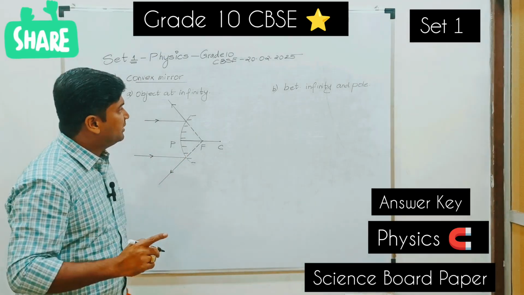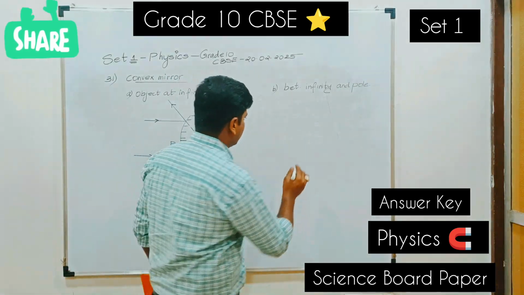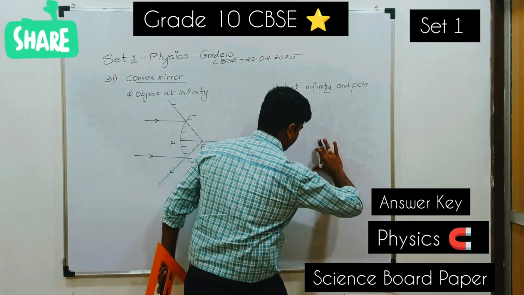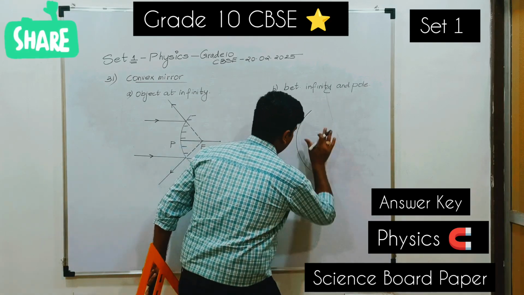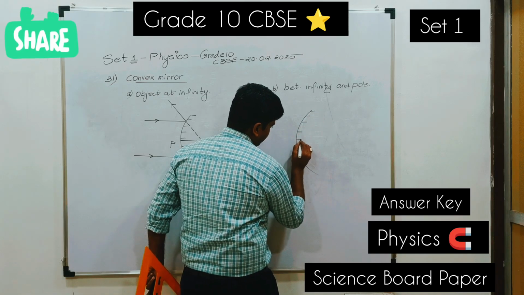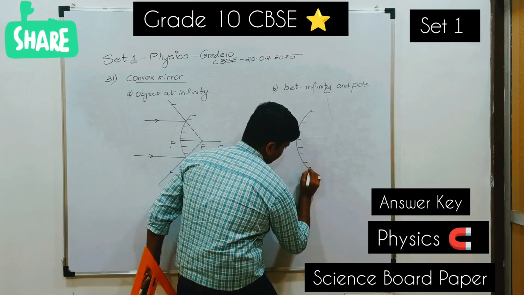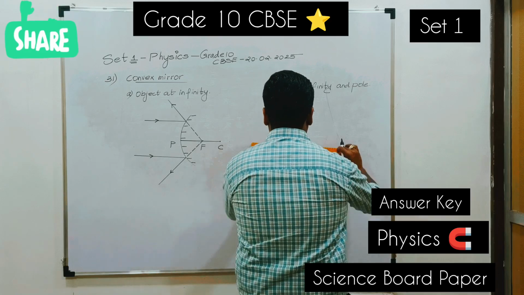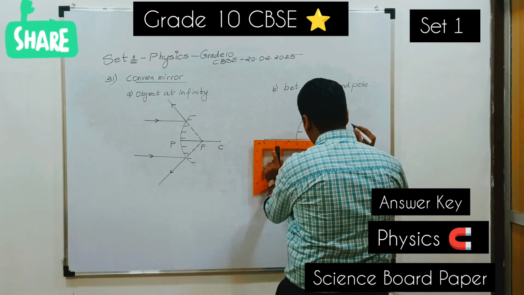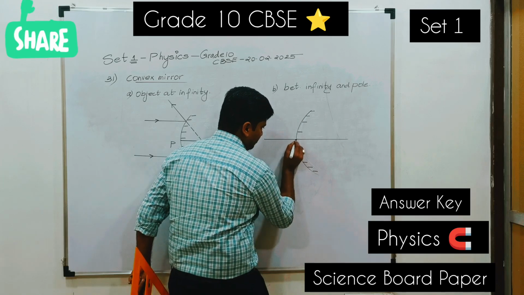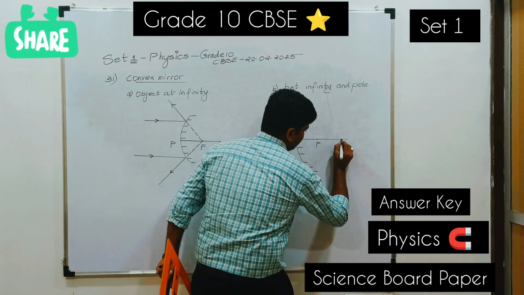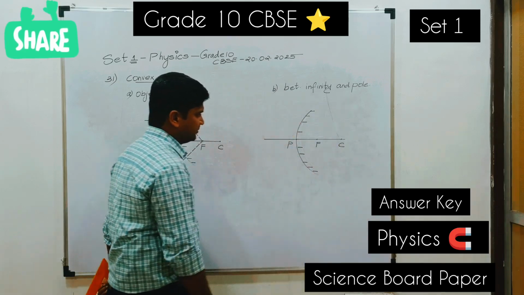Now, between infinity and pole. Which means I have to draw the object now. So first let me draw the mirror, then polish it nicely. Since I have to keep the object now, I'll extend the principal axis. This is again the pole, this is again the focus, and this is your center of curvature.